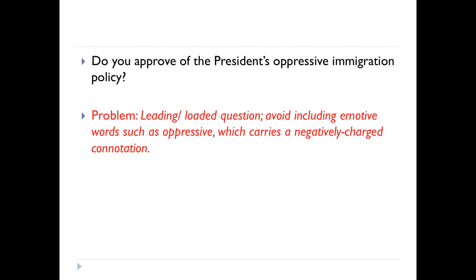Therefore, people will right away pick up on the fact that it's not socially acceptable, right? You're asking more about, do you actually think it's socially acceptable to be oppressive? Not so much asking about the immigration policy. So as a researcher, you should remove your personal opinion from the survey and not include it. To make this item better, you could say, do you approve of the president's immigration policy?